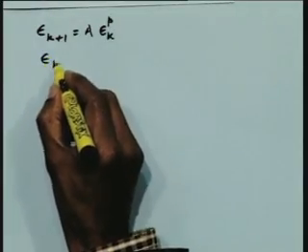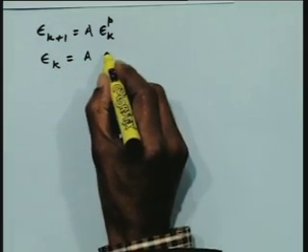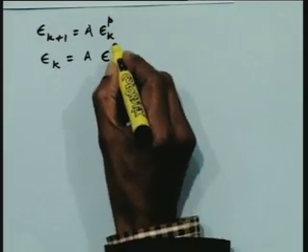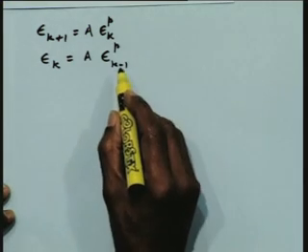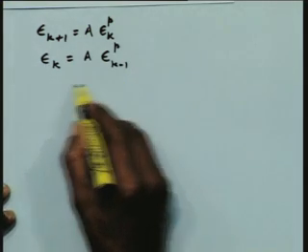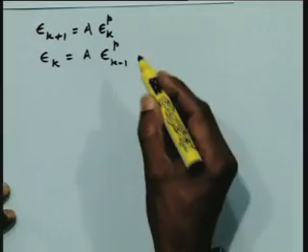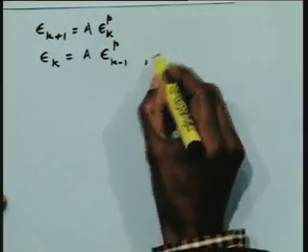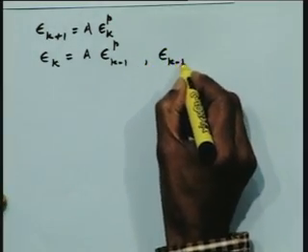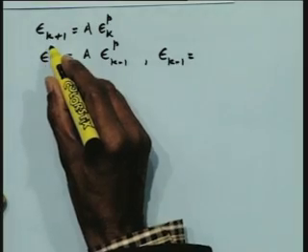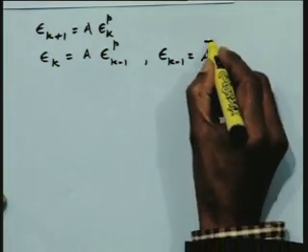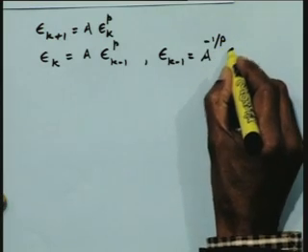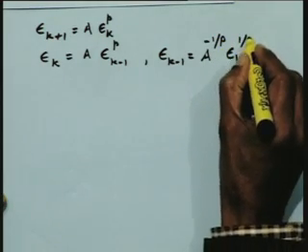So I get epsilon_k = a epsilon_{k-1}^p. Now I will express epsilon_{k-1} back in terms of epsilon_k. Therefore epsilon_{k-1} would be this to the power of 1/p, and a to the power of minus 1/p. So I will have a^{-1/p} epsilon_k^{1/p}.